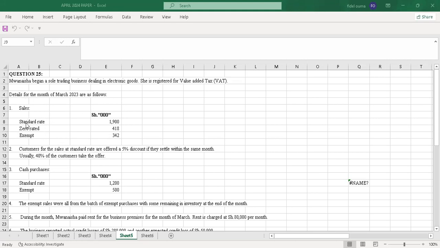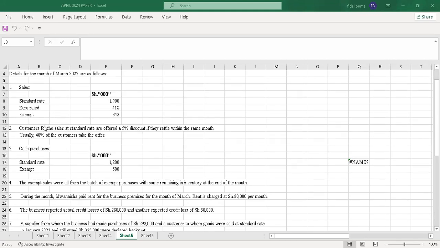So we have sales: standard rate at 1900, zero rated at 418, exempt at 342. Number two, customers for the sales at standard rate are offered a 5% discount if they settle within the same month. Usually, 40% of the customers take the offer.